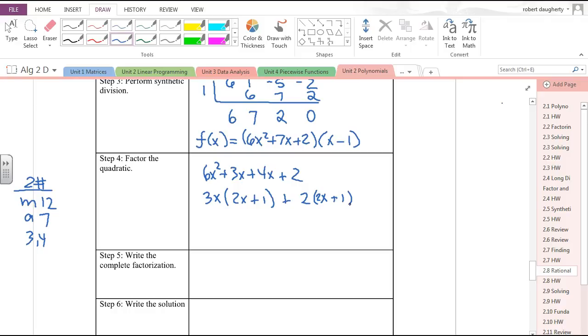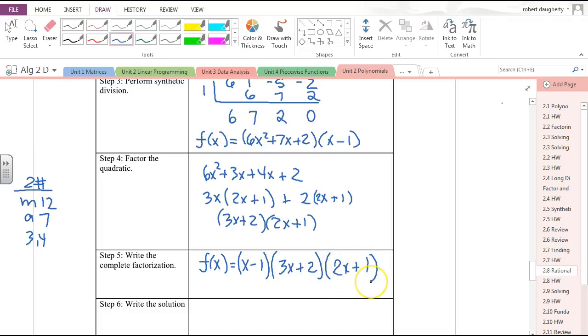What is this factorization? Yeah, so 3x plus 2 times 2x plus 1. So what is my final factorization of this polynomial? Yeah, so don't forget the x minus 1 you started with, and then it's 3x plus 2 and 2x plus 1. Okay, so now this is completely factored.